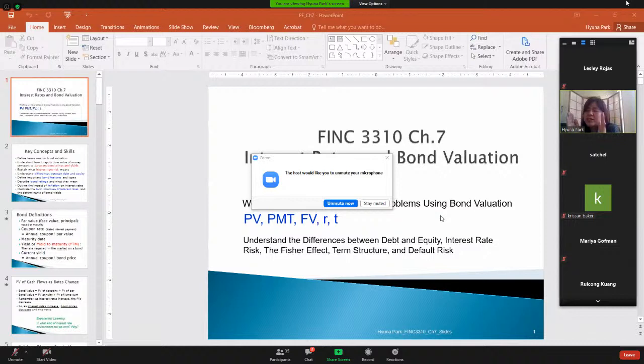When corporations first issue bonds to borrow from the bond market, there is a principal value. For example, this company wants to borrow $100 million in the bond market.